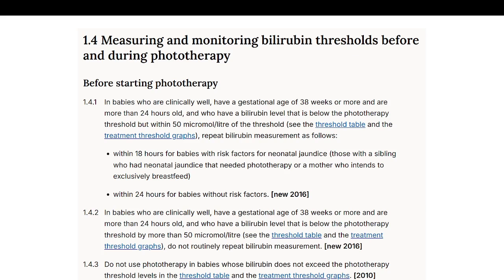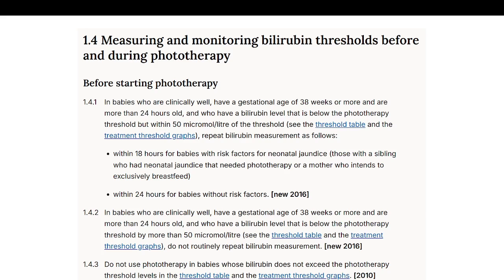Another part of the guidelines is about before starting phototherapy. In babies who are clinically well, have a gestational age of 38 weeks or more, are more than 24 hours old, and have a bilirubin level that is below 50 micromole per litre from the threshold for phototherapy, the potential risk factors dictate when you're going to repeat serum bilirubin.